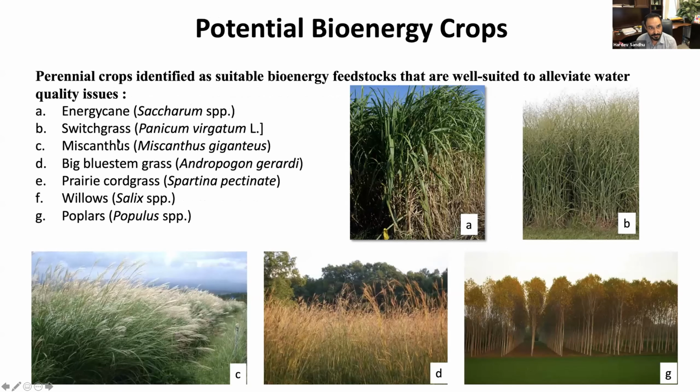These are some of the perennial grasses which are identified as suitable bioenergy feedstocks. First is energy cane, which is grown mainly in subtropical and tropical climates. Switchgrass is more suitable for temperate climates. In the Midwest, it's more common. Miscanthus can be grown in both climates depending upon the species.